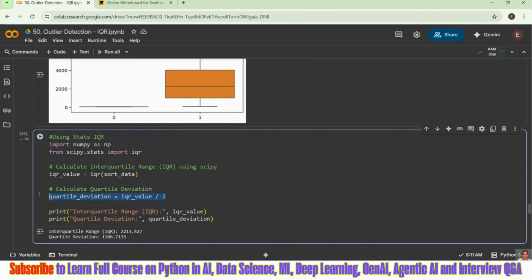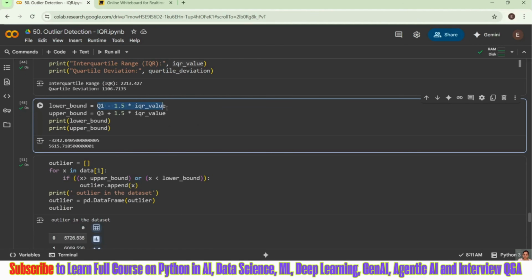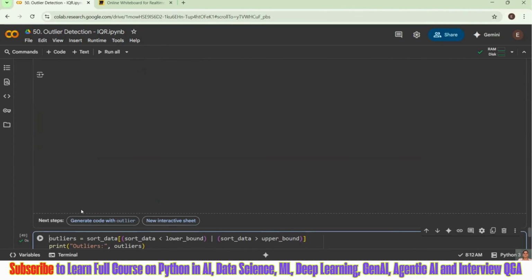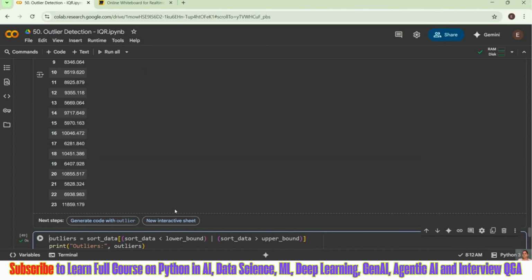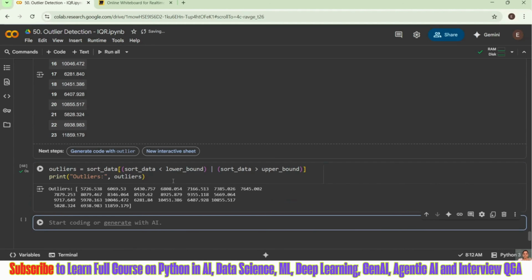Then I'm getting interquartile deviations, IQR divided by 2. After that, I am getting my lower bound. This is my formula for the lower bound. This is my upper bound. And with the same formula, I'm getting the same 24 outliers. So this is how we can detect our outliers by using IQR.